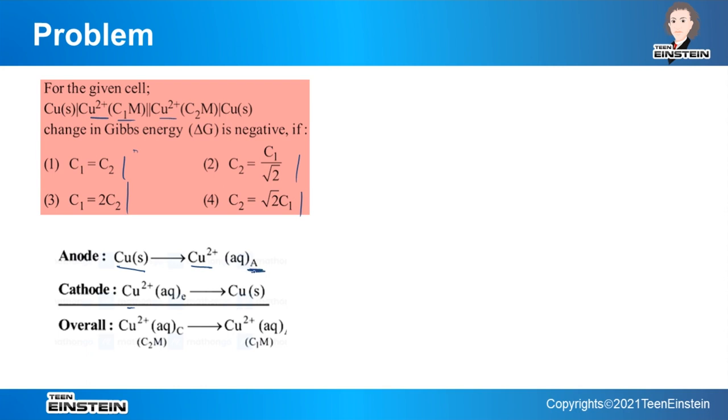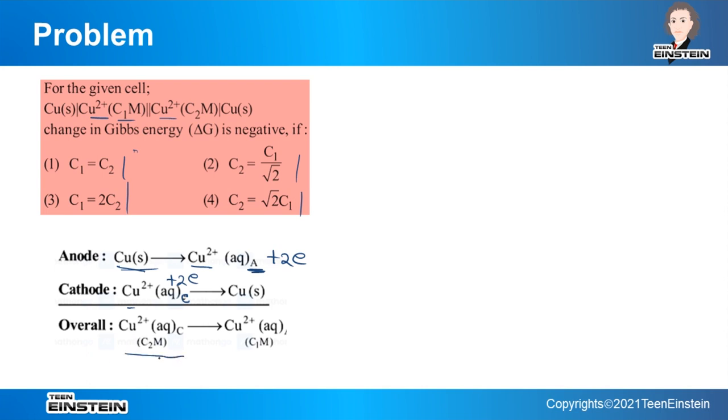So this is for anode, and in cathode, this is C. So here 2 electrons are coming out from copper, and here these 2 electrons will be accepted by Cu2 plus and it will be converted to Cu. Now the 2 electrons from both sides will be cancelled. So in the overall reaction, on the left hand side what do we have?